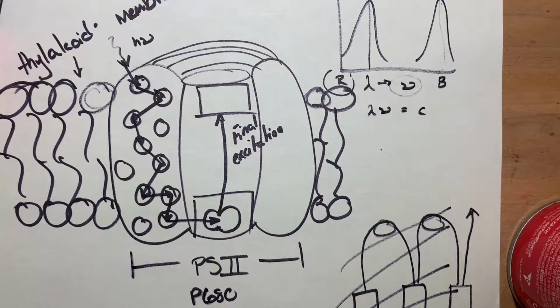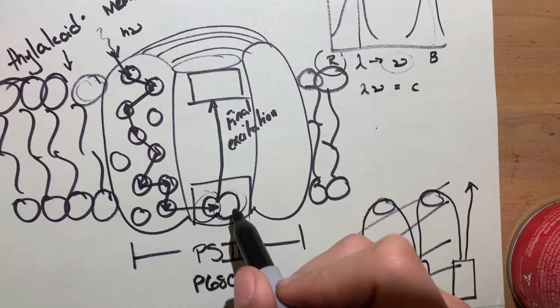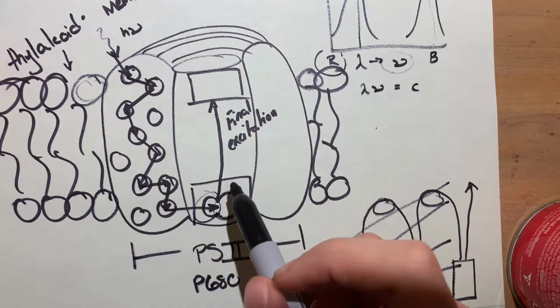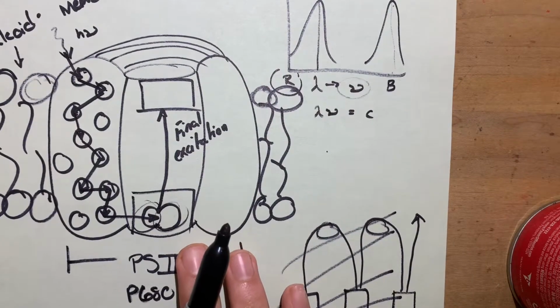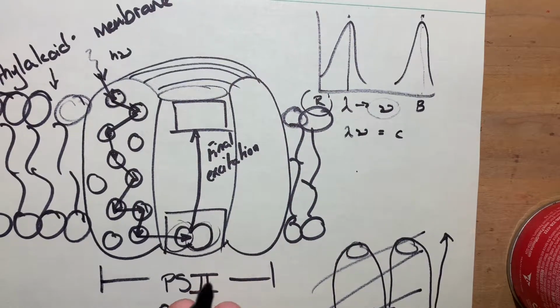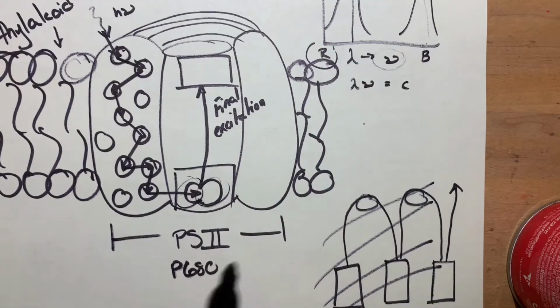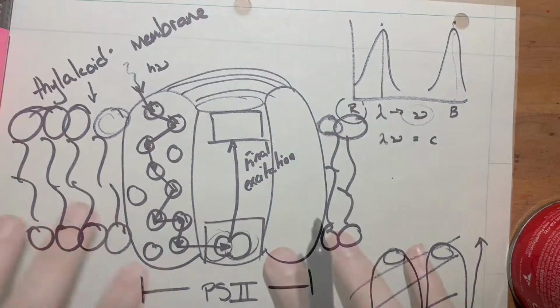And then the electrons are going to be supplied by one of the chlorophylls here. Goes up. And what happens is now it's going to travel through the cytochrome complex into PS1, which is also known as P700. And we will get into that. Okay.